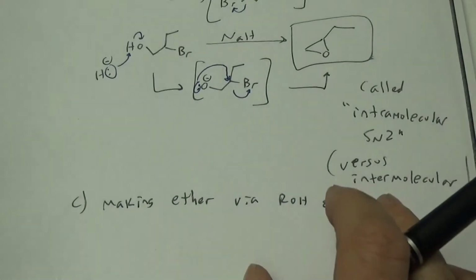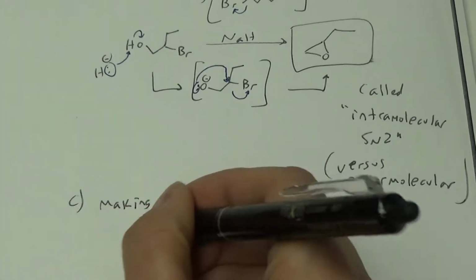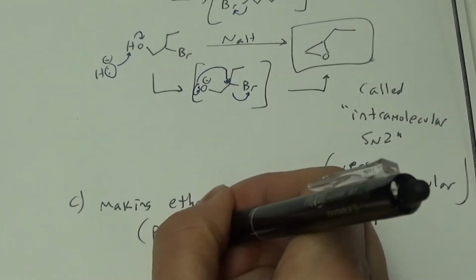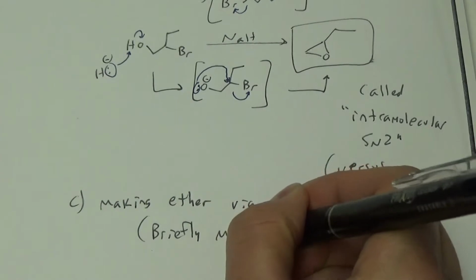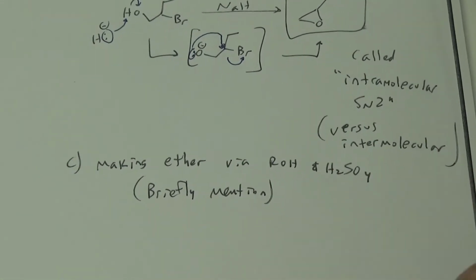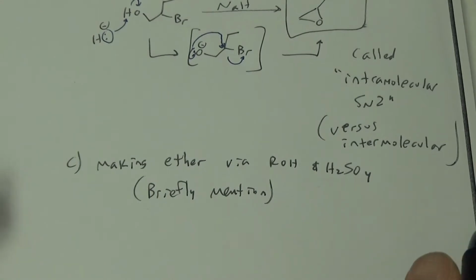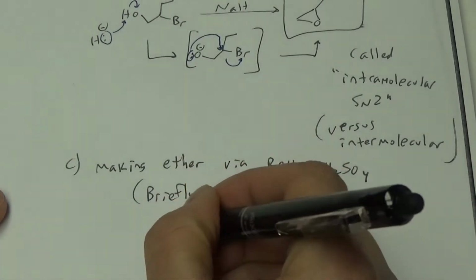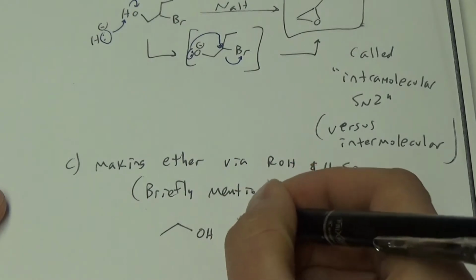So the book mentions this. I'm just going to briefly mention it, just because this is a kind of industrial synthesis, and it is a widespread method for the synthesis of diethyl ether.